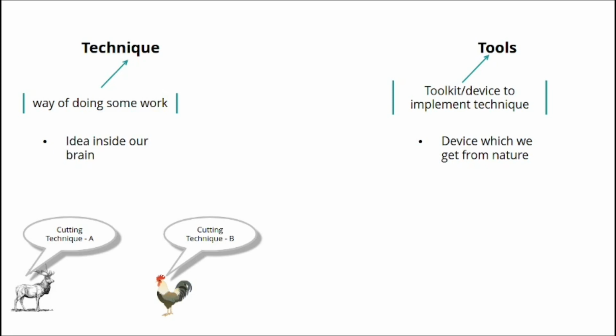So there are two techniques, and to implement them we developed tools. Like in the stone age, human beings developed many types of stone to cut specific pieces of meat, right?